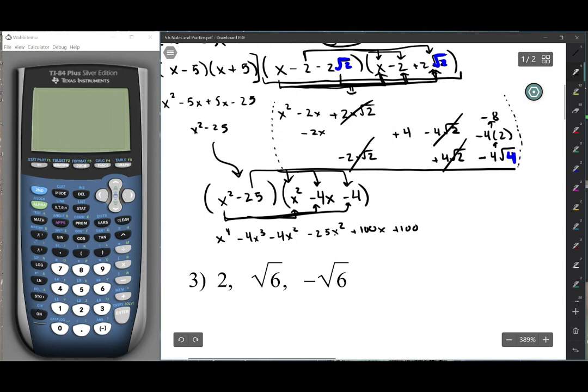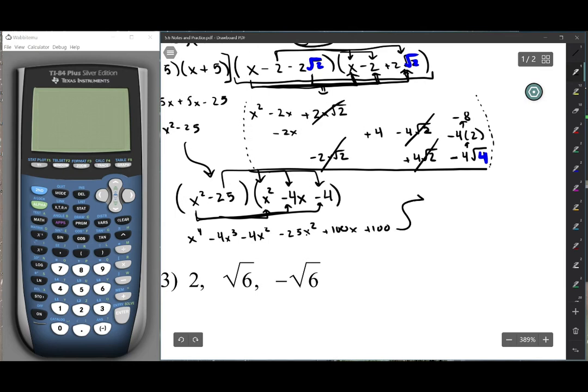And lastly, we're just going to finish this up, and that means this equation that will go through those zeros would be of the form y equals x to the 4th minus 4x to the 3rd, sorry.